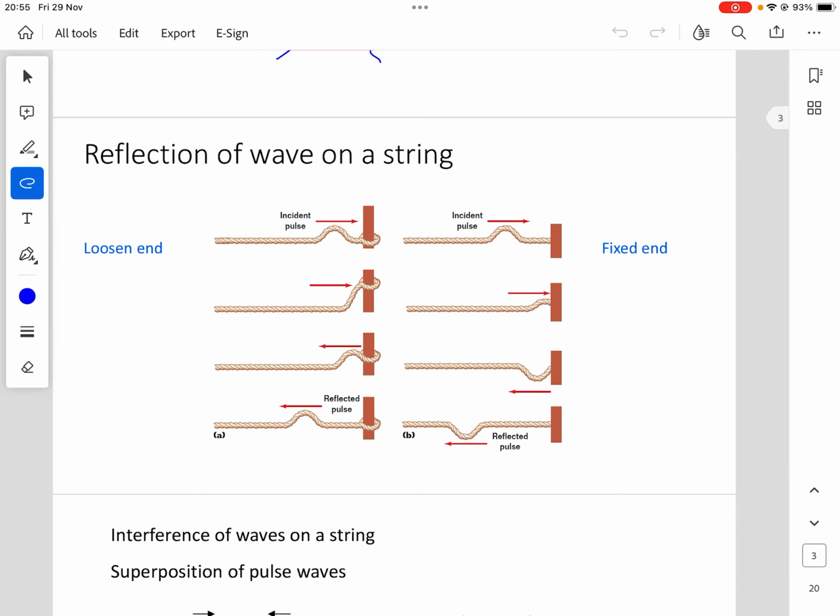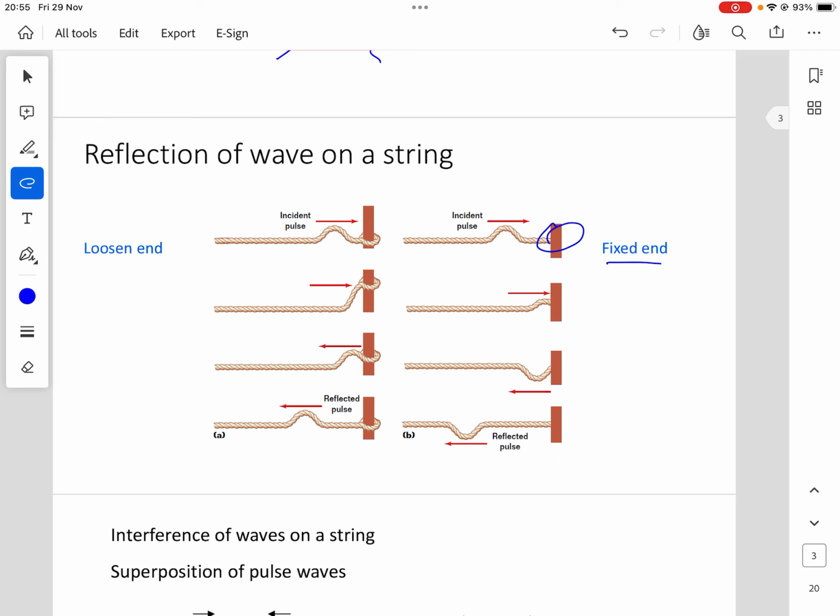The next thing about a wave on a string is that if you want to create a wave on the string, one side of the string should be fixed. Fixed means that it is not allowed to move up and down. We call that case a fixed end. That side of the string does not move.